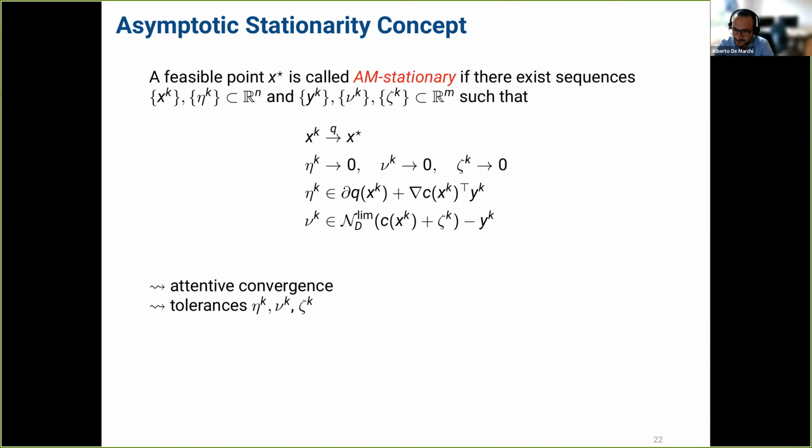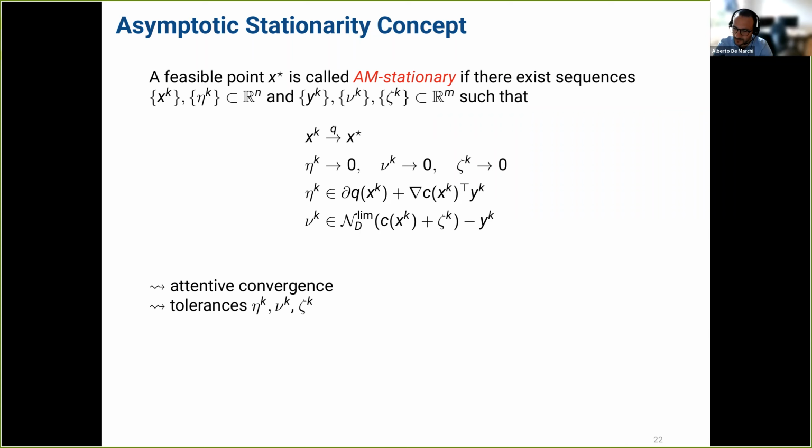So we have eta here. It is an approximation, or our error, for the stationarity condition. It is the third line. Now we have nu k. It is again the error for the complementarity condition, and the last line here.